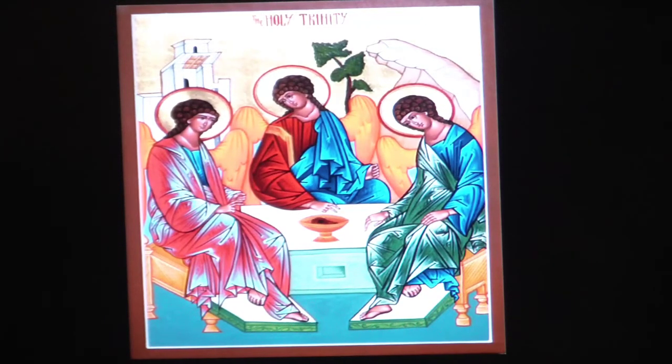Okay, and so the stuff in the background is all taken from that story. So it said in the Bible that he was living by the oaks of Mamre, and so you have the tree over there, and of course he was living there, and so they have a house there.